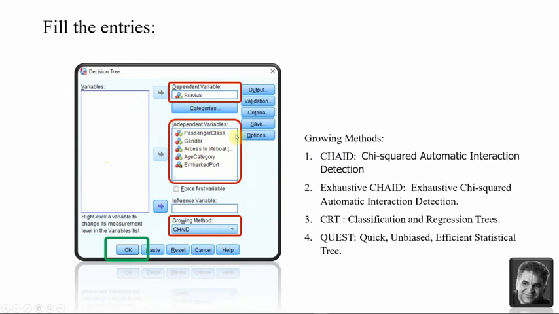Enter the predictors or independent variables here. And choose the method of tree growing from here. Note that there are four main ways to grow a tree: chi-square automatic interaction detection, and others. You will see the result by pressing the OK button.